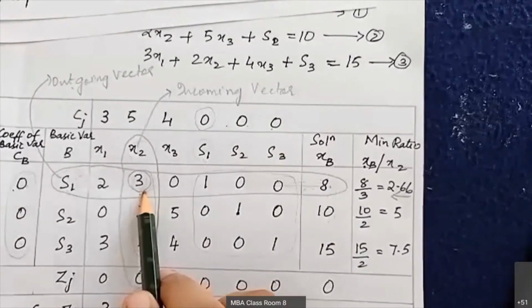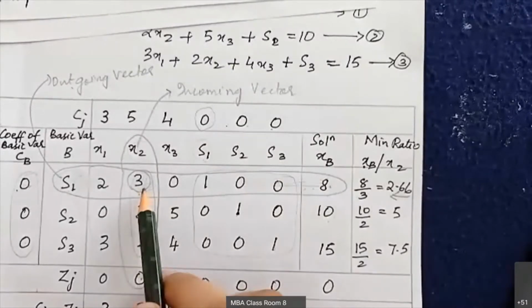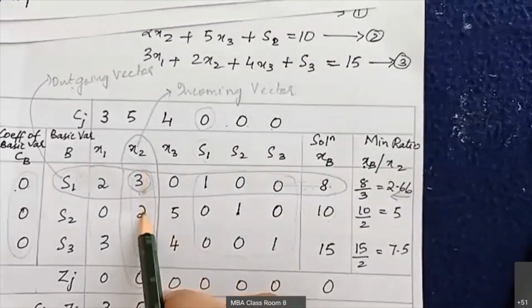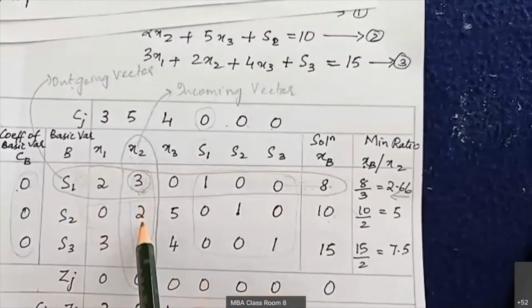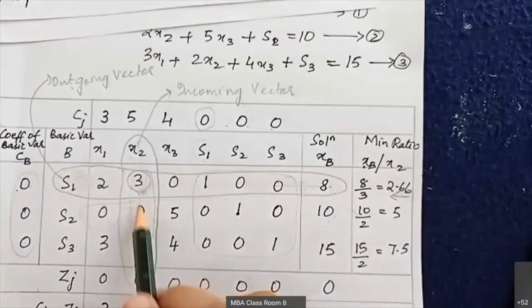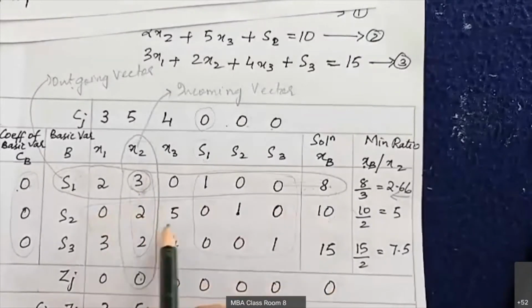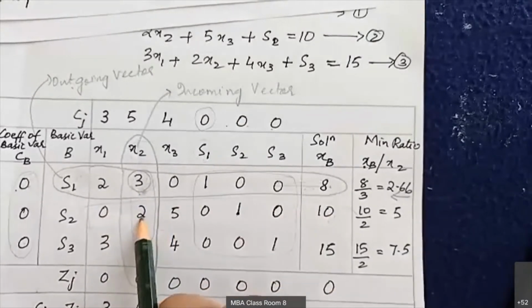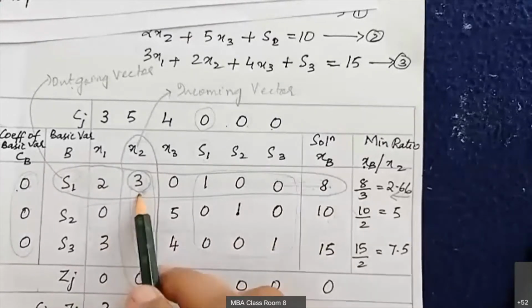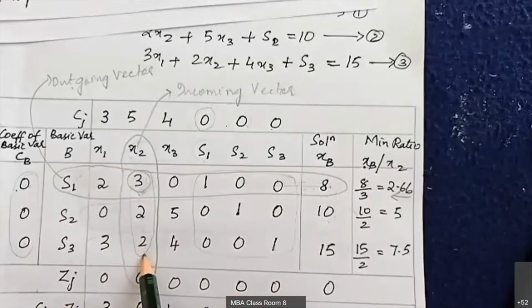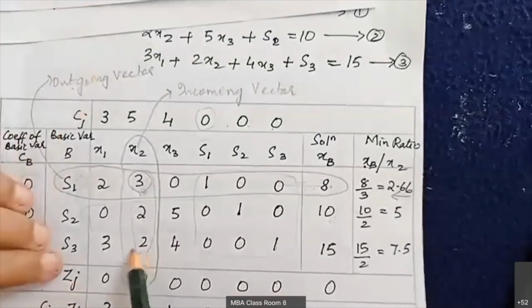Number above or below the key element means, when we are considering the second row, the number corresponding to the key element. Very good, 2. If I am considering the third row, which is the number above or below the key element? 2, in this case, this 2.